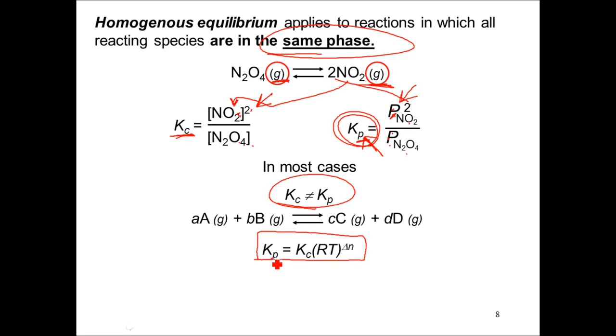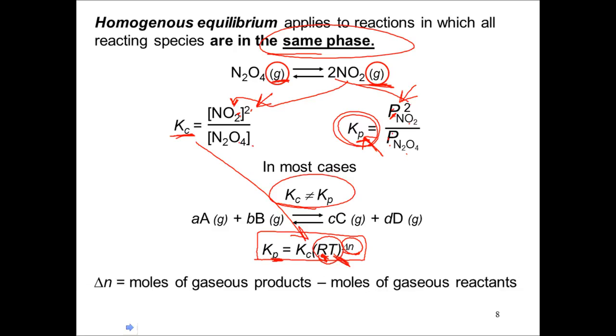Kp is equal to Kc, so that's your equilibrium constant. Kp is your equilibrium constant of pressure. How would you solve for this? Well, you look at R, and R is our usual gas law constant, this time 0.0821, and our temperature, of course, in Kelvin, raised to the power of the delta n, meaning your change in moles.